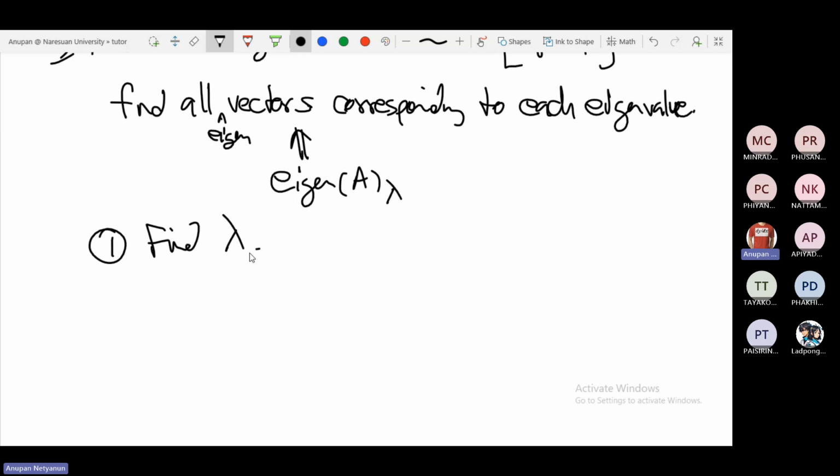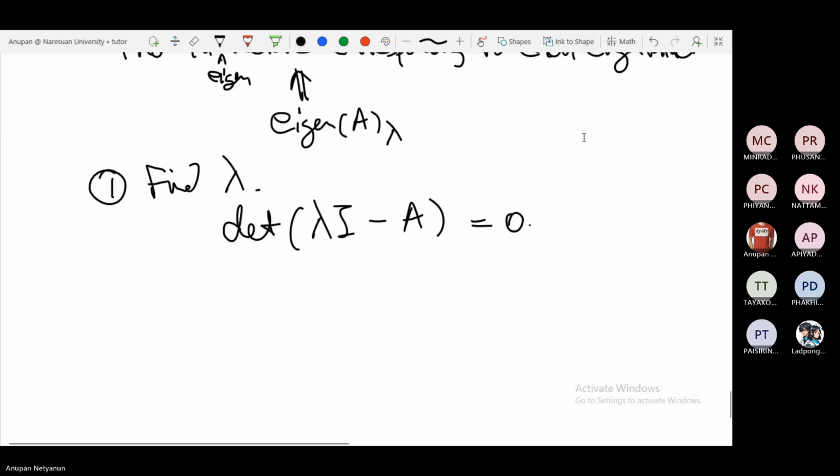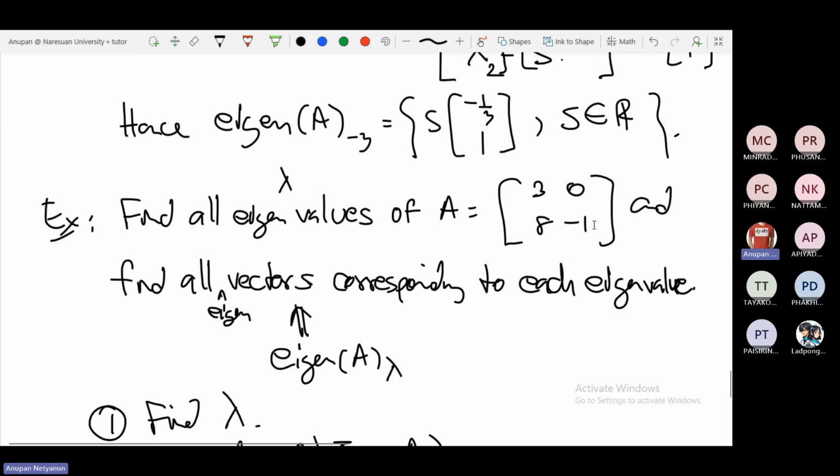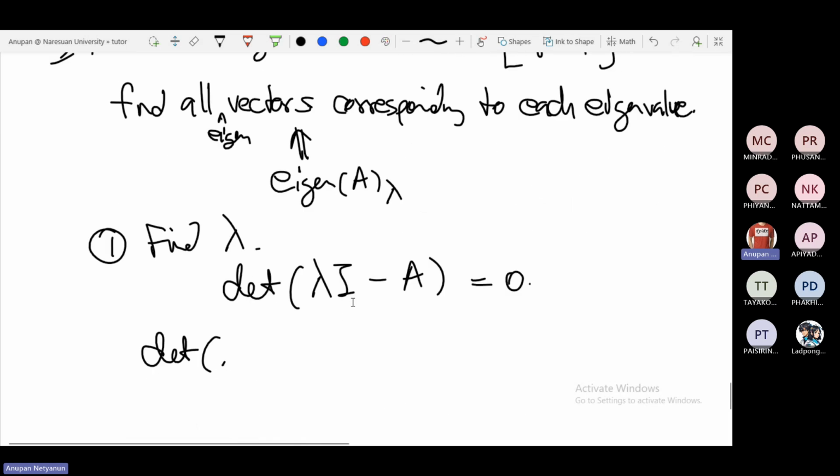So to find lambda, I need to look at this equation, which is determinant of lambda I minus A equals 0, right? So you have lambda times I. Your matrix A is 2 by 2, so this one is I2.